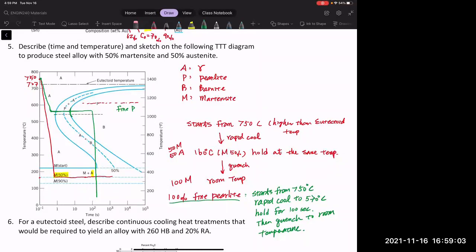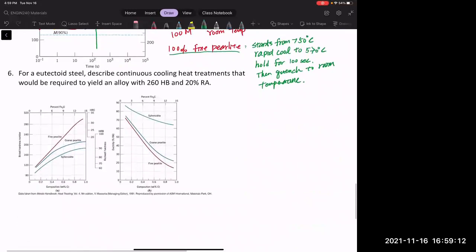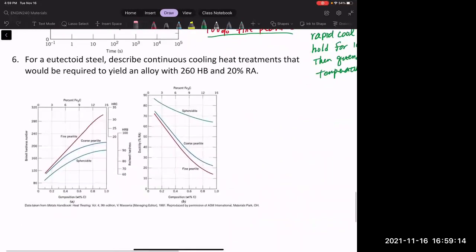Okay, let's look at the last one here, which is a design problem. Over here, they give you a eutectoid steel, and they use a continuous cooling heat treatment, which is kind of a CCT problem.